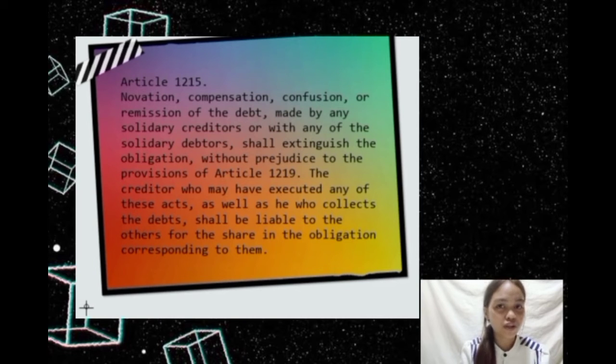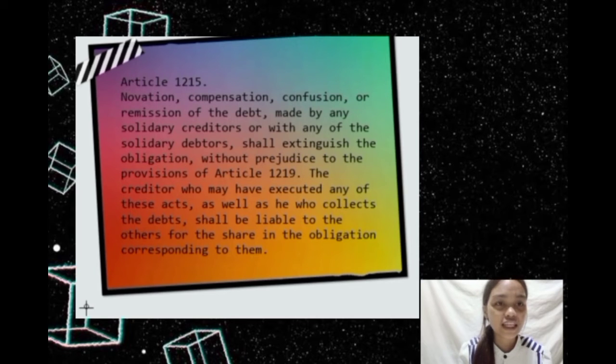So, for example, I will also give the example of what is in the book. Jad and Princess issued a negotiable promissory note in favor of Kate and Diane. So Jad and Princess bound themselves as solidary debtors to Kate and Diane, solidary creditors.